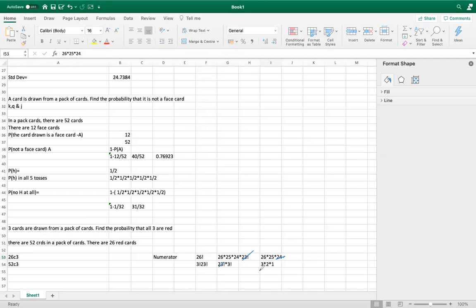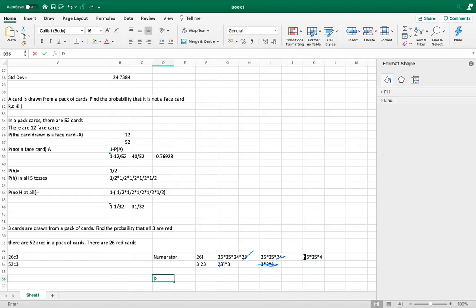Strike, whole thing strike. I will get 26 into, and this is going to be 6. समझ में आ रहा है आपको? Yes, ma'am. 6 into 25 into 4. समझ में आ रहा है? All of you. Yes, ma'am.